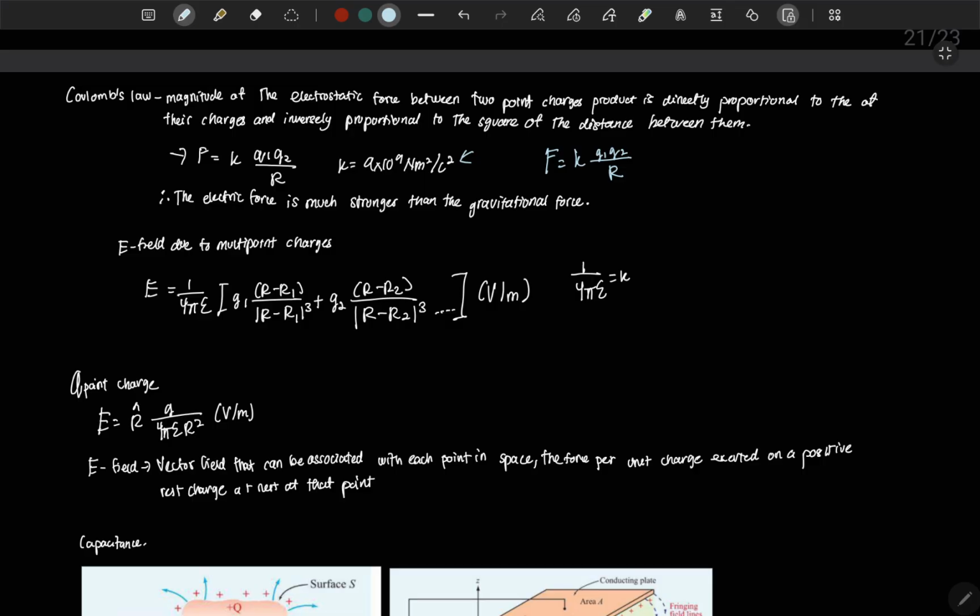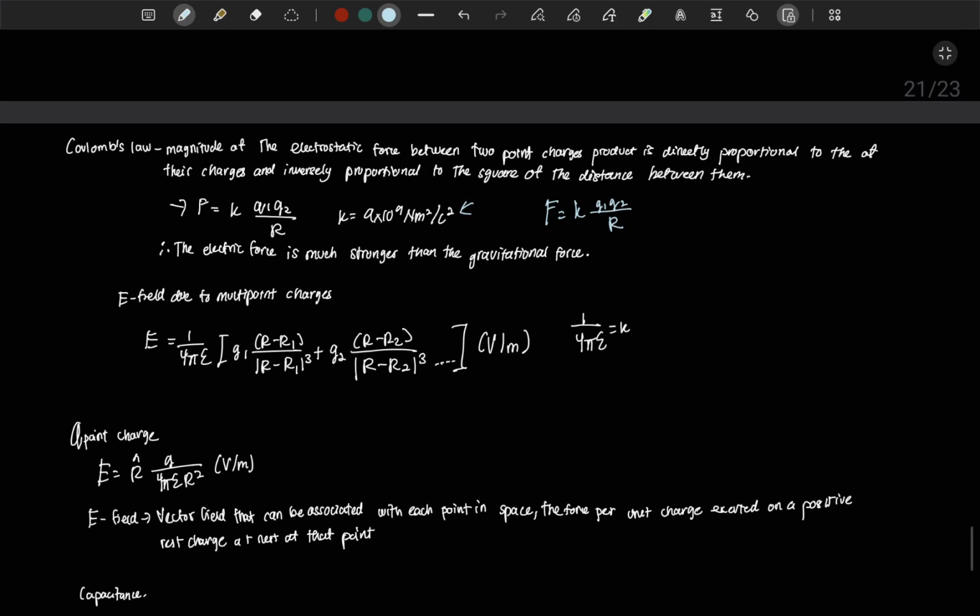Now in this specific lecture we are going to talk about electric field before we move into capacitance. Electric force is much stronger than the gravitational force.